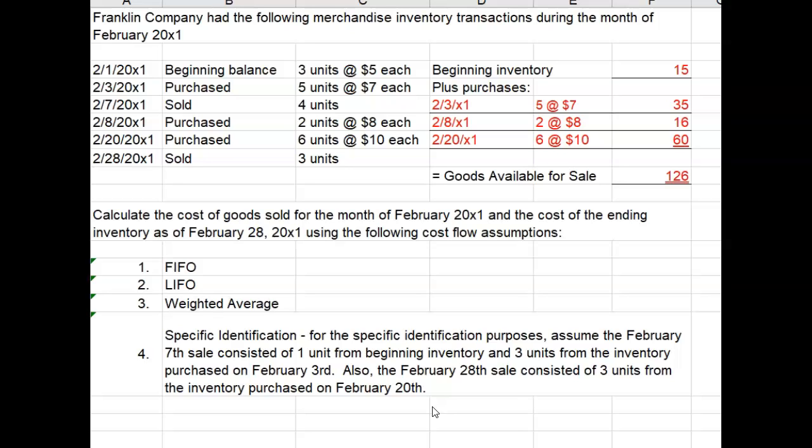Now, obviously, we don't have the ability to do that in this class, so for all specific identification problems, you will have to be given the information to identify which items were sold and which items were not sold.